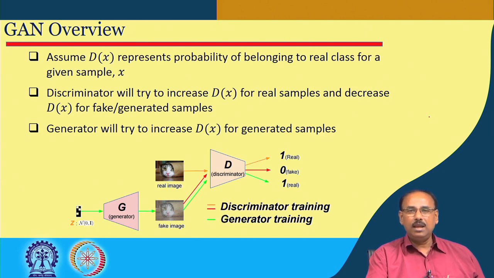So, x being input to the discriminator network, if x comes from a real sample, the discriminator will try to increase d of x. Whereas if x is a fake sample which comes from the generator network, the discriminator will try to reduce d of x. In turn, the generator will try to increase d of x for its own generated samples, and that is how they are locked in a game.